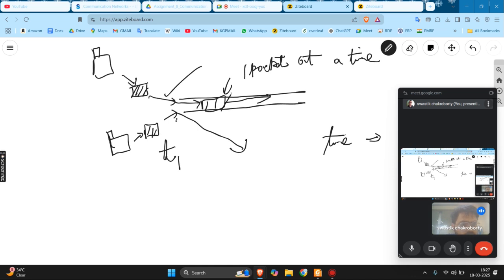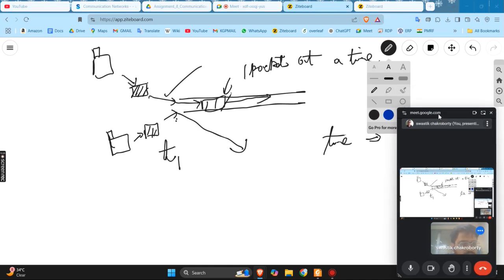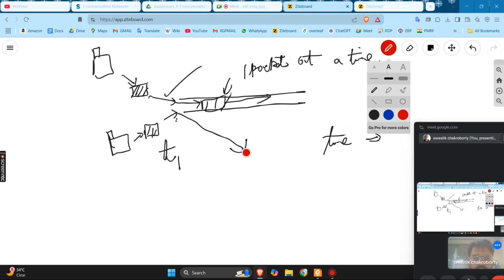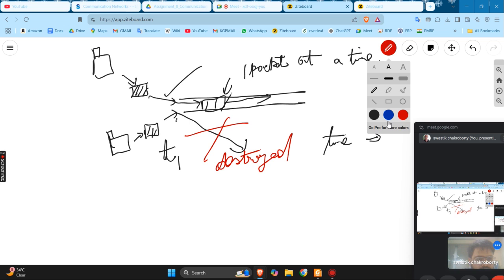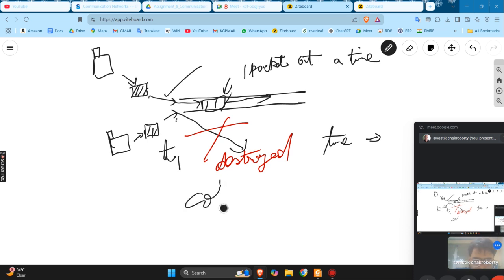It will not get the medium to itself and it will simply get destroyed. So this is known as a collision.